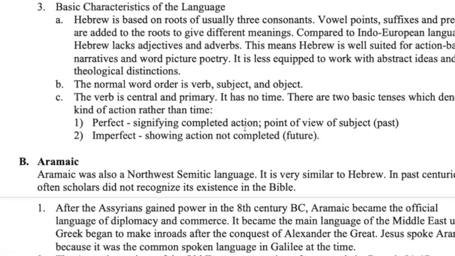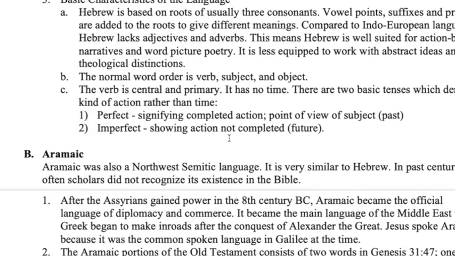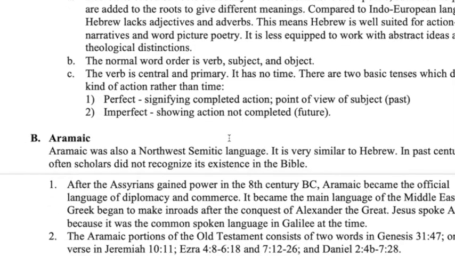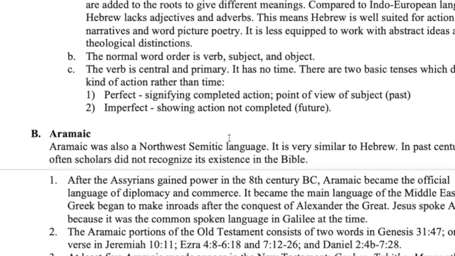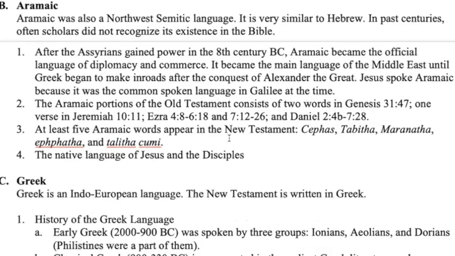Perfect, meaning that it's completed, so the action is past. And imperfect means it's not completed, so it's in the future. So Hebrew is kind of like a primitive language, which means that there's a lot of openness to interpretation. Let's go on to another language of the Bible, Aramaic.